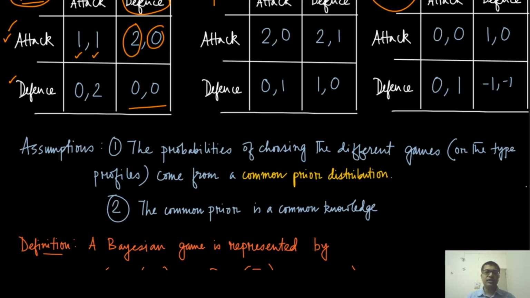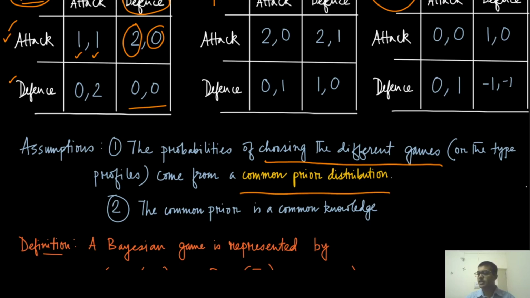So in this setting, the assumption that we are going to make is that these probabilities of choosing these different games, with which probability you will be choosing the types and therefore the games, come from a common prior distribution. So this is a crucial assumption.